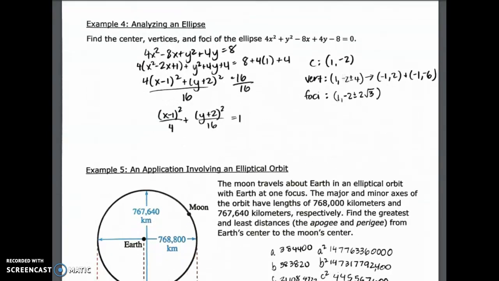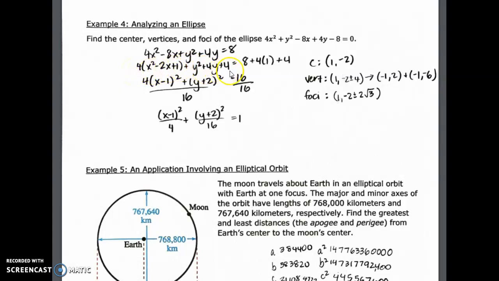Okay. This one's very similar, except we're not graphing, we're just finding information about it. So they're asking us to find the center, the vertices, and the foci, so we need to get this into standard form. So again, we clump our x's together, we clump our y's together, we put our numbers over on the other side. We complete the square. In this case, because I have a leading coefficient, I factor that out first, and then I complete my square.